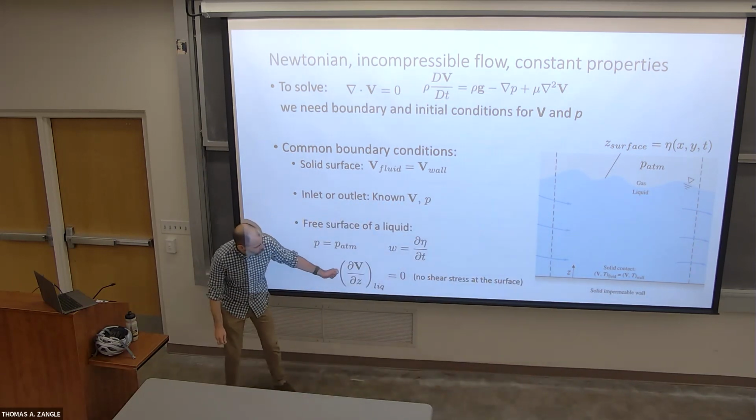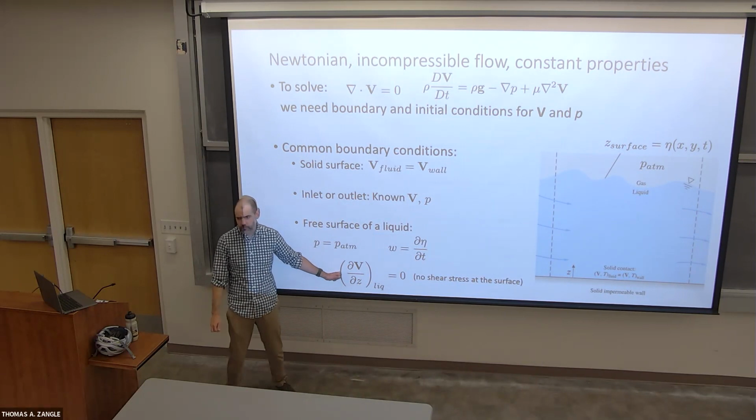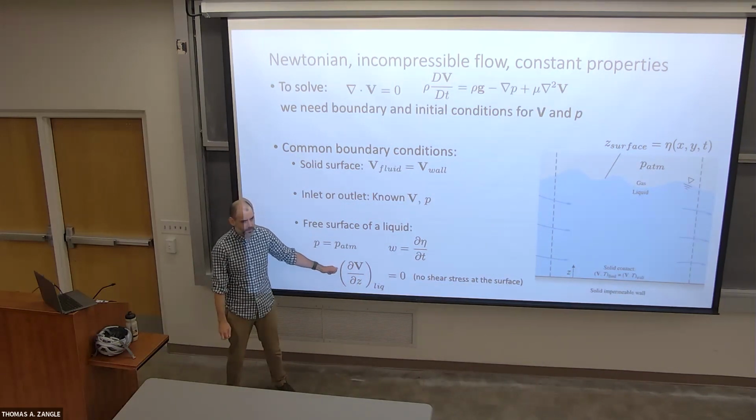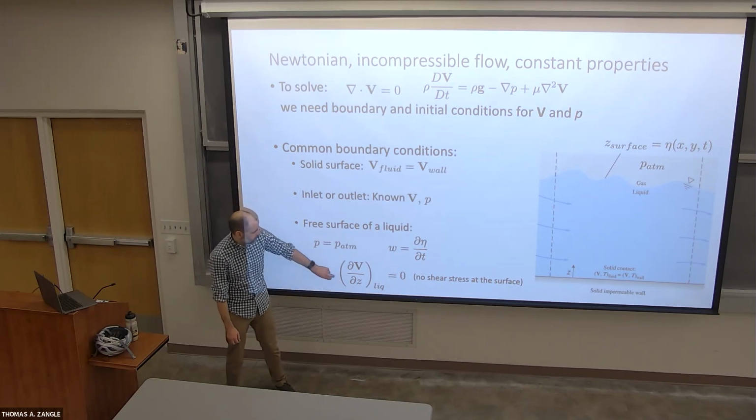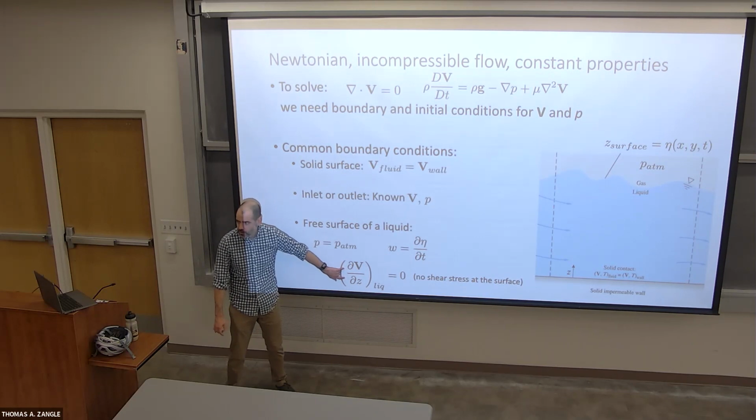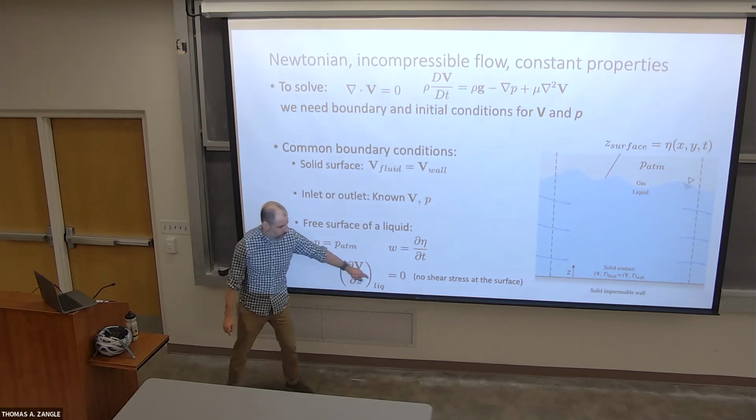And then there's no shear stress at the surface. This comes from the fact that the viscosities are very different. Basically, the gas, because it has such low viscosity, simply cannot produce a shear stress force on the fluid. So this implies that the derivative of the velocity with respect to z is equal to 0.